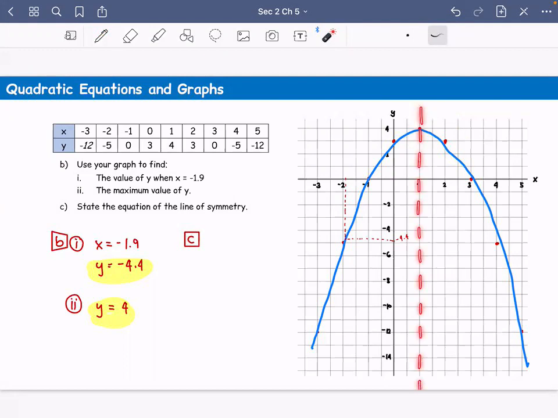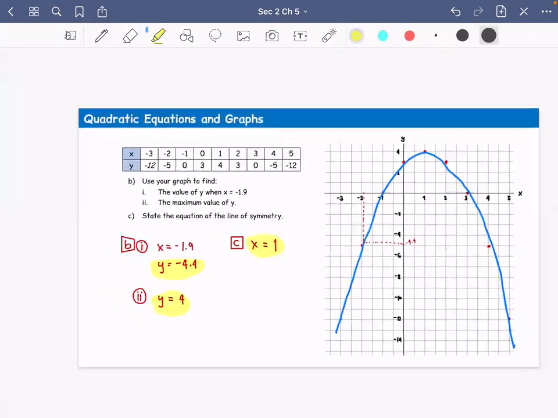So what is the equation of the line of symmetry? x is equal to what? It's exactly here, so x is equal to 1. That's it for this example.